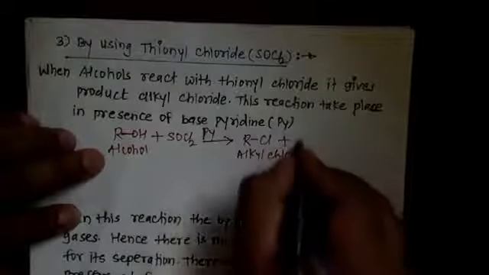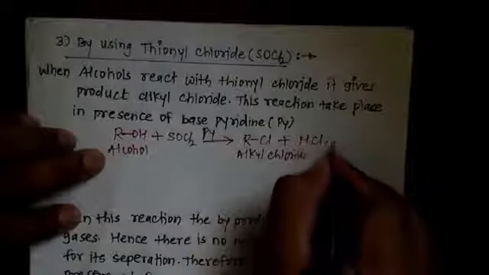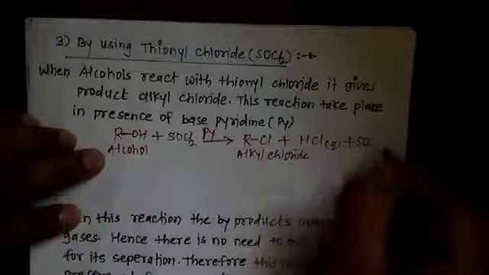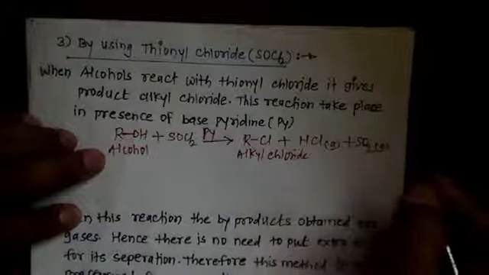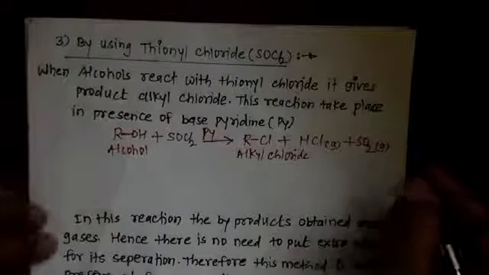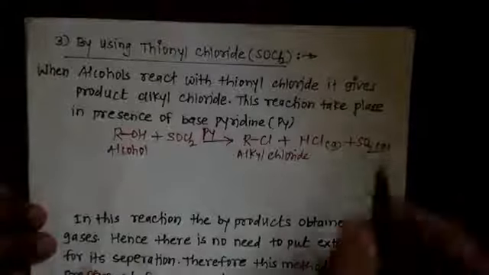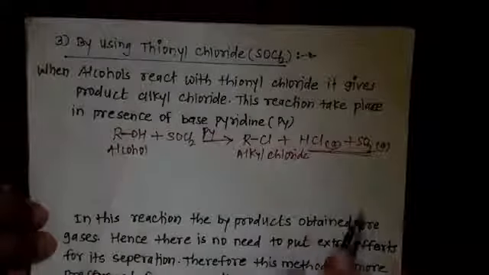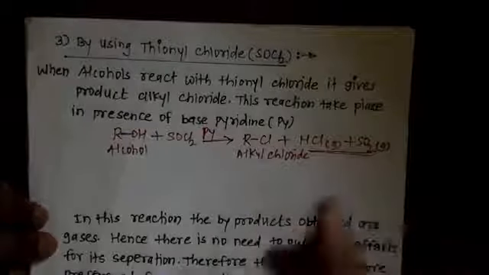And it produces a byproduct HCl, which is gaseous, and the other byproduct, that is SO2, sulfur dioxide, is also gaseous. Means there are two gaseous byproducts. Remember, it is important.